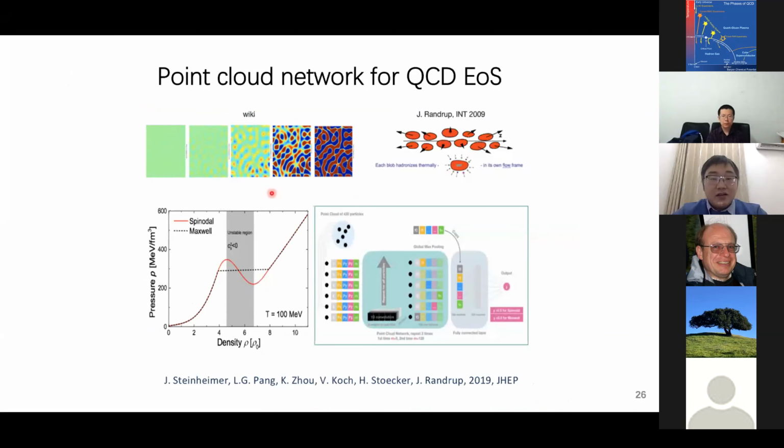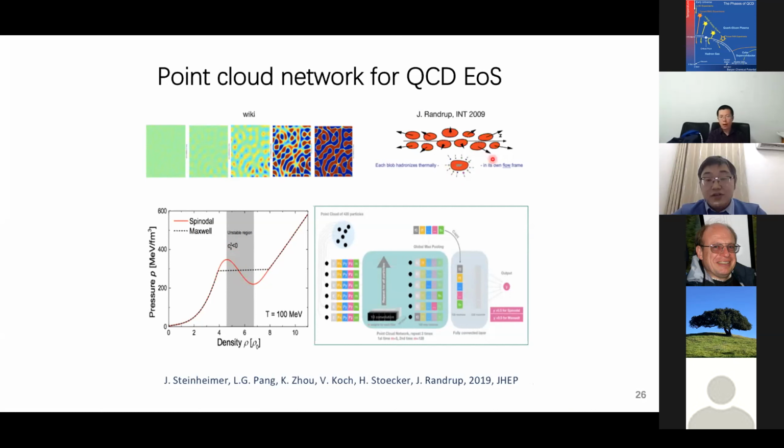Later, we trained a point cloud network for this QCD equation of state classification. In this case, we want to classify two first order phase transitions, one with a Maxwell construction and one with a spinodal construction. With the spinodal construction, the speed of sound squared is negative, so it's unstable, and the quark plasma will form clusters, and each blob will hadronize independently.